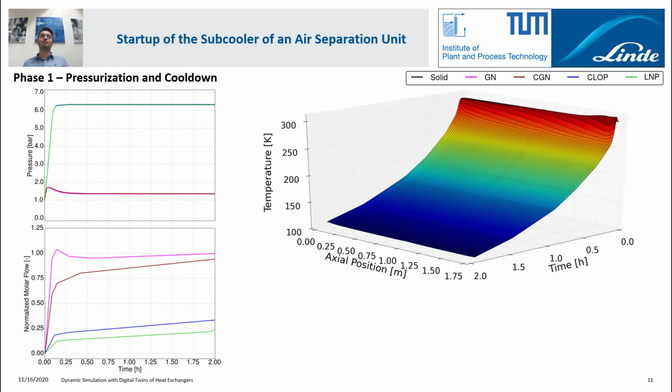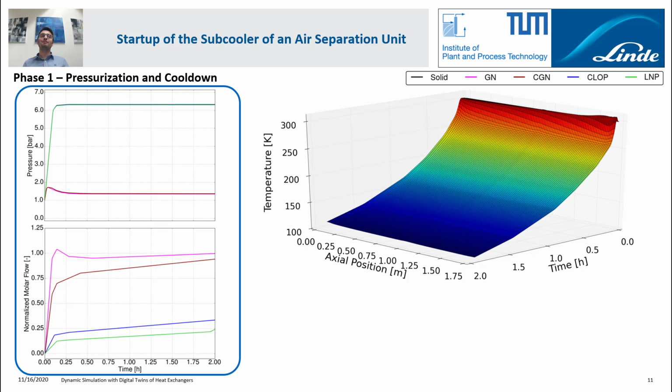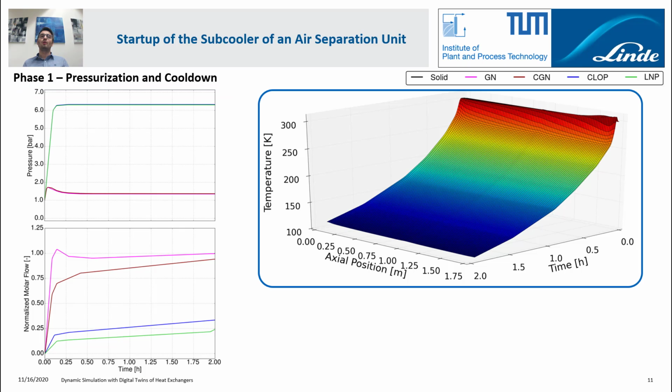The first phase of the startup scenario is pressurization and cool down. On the left-hand side, we have a look at the pressure values and normalized flow values in the single passages of the heat exchanger. On the right-hand side, we see a 3-dimensional visualization. The actual temperature profile of the solid heat capacities and its evolution over time is shown.